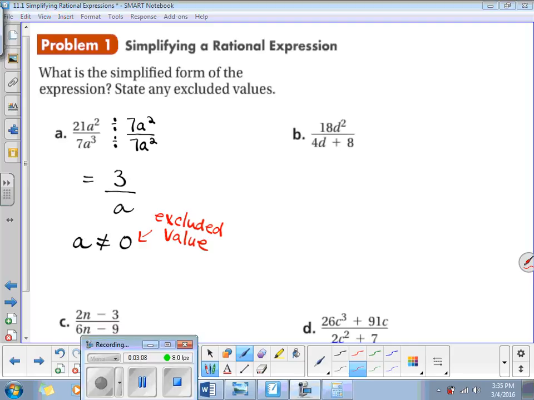Let's do letter B. Please note that we can't simplify this yet, because of the plus. You can only simplify like we did in the first fraction if everything is multiplication. So, what can I factor out of this expression?